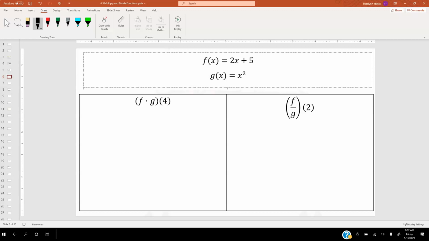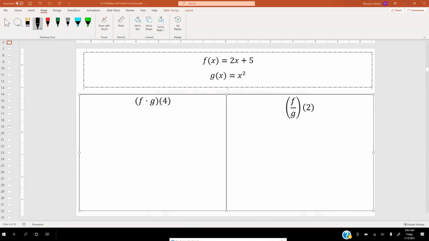Alright, so let's go ahead and do this again. We're going to have f of x and g of x. We're going to multiply them first, then we'll divide them. I'm going to do piece by piece, find the numbers individually, and then multiply those numbers and then divide those numbers. So here we're going to have f times g of 4, so f of 4 and g of 4, and we're going to multiply those two numbers together. So this will be 2 times 4 plus 5.